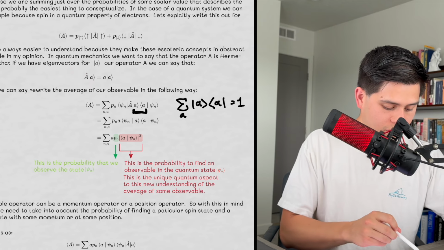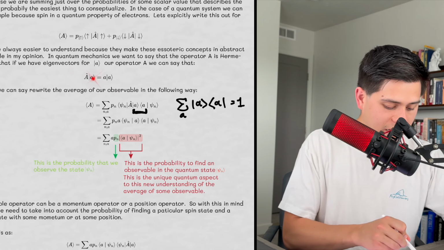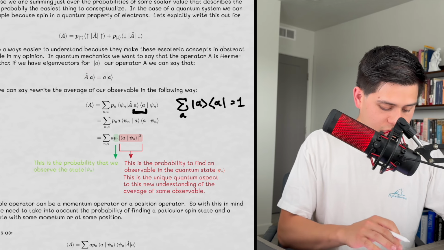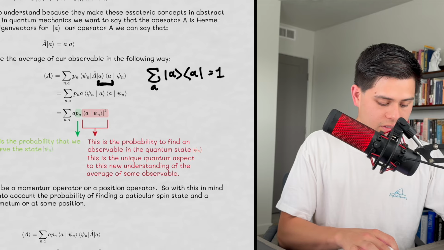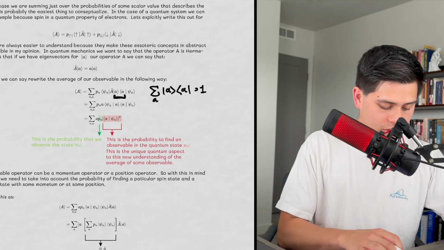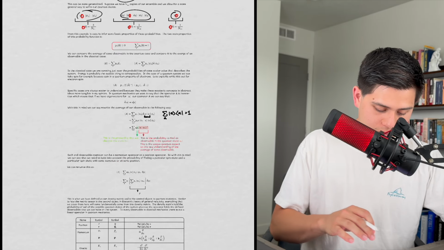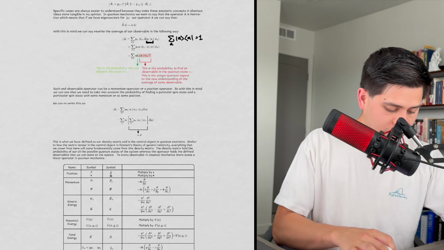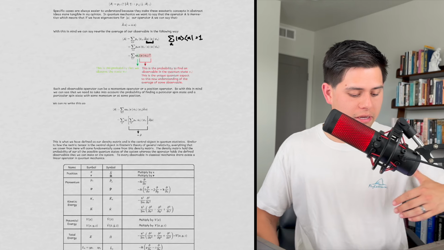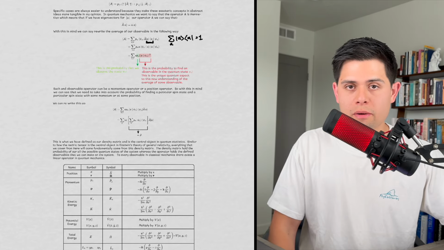this operator, right? So again, because A is an eigenvector of the operator, A here is coming from our operator. Psi n is the quantum state that we're interested in. All right, as we continue, such an observable operator can be a momentum operator or a position operator.